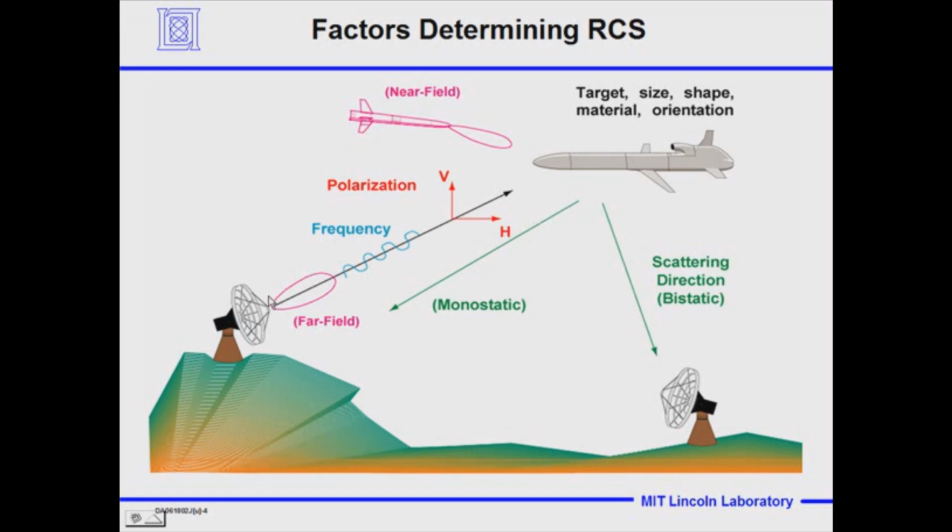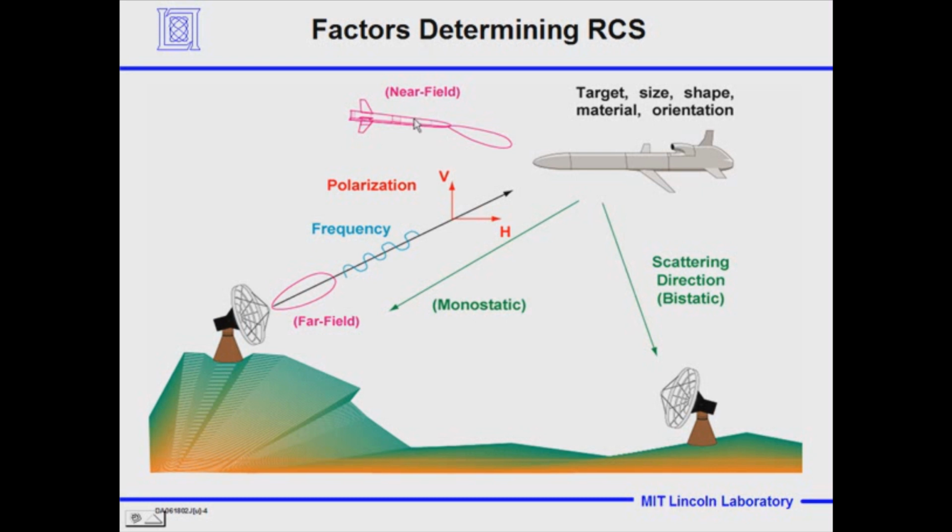And then lastly, in most cases, for most radars, the radar is far away from the target, and therefore the characteristics we compare are the size of the antenna to the distance to the target. When the target is located far, far away from the antenna, we call that the far field, because the wave that hits it is effectively that plane wave that I talked about earlier.